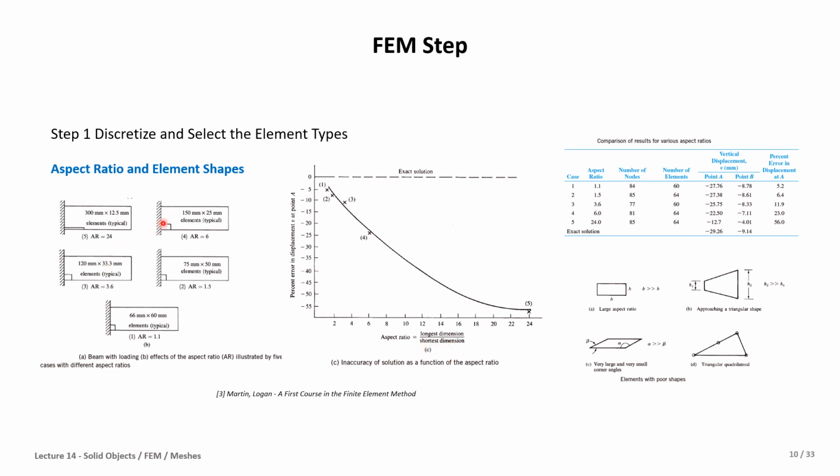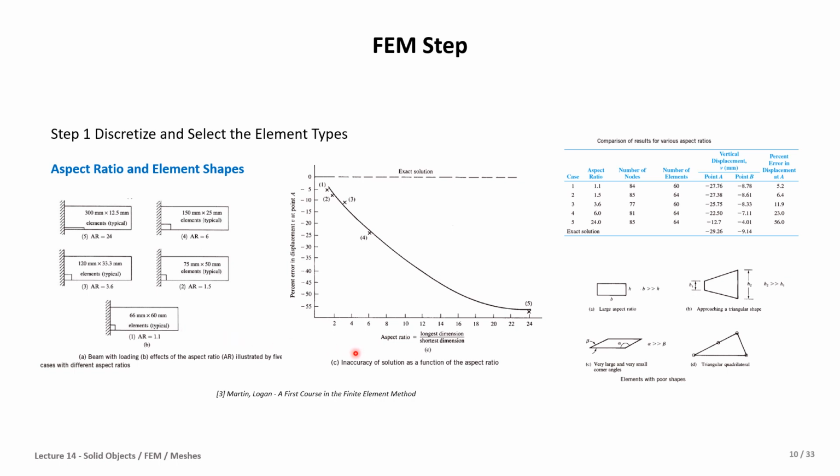In this example, we can see this is the longest. So when doing the discretization, it depends on how this ratio is working. Here you can see the ratios are 24, 6, 1.5, 3.6, and 1.1. So it depends on the size of the element with respect to this aspect ratio.